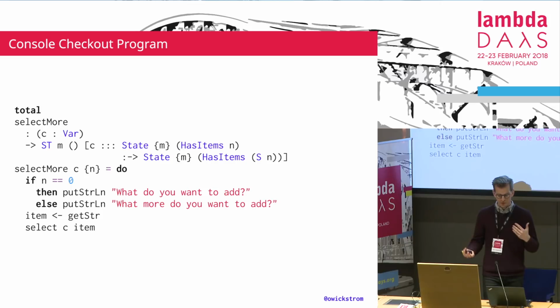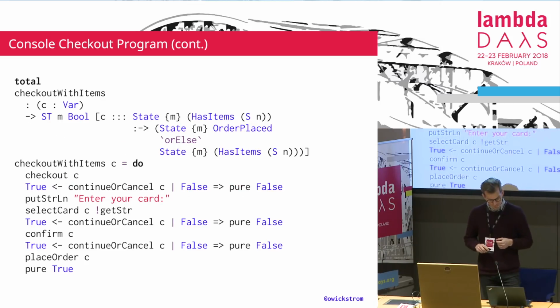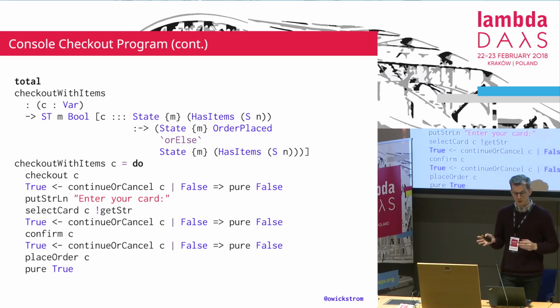Then we write the program using these operations. So select more will just select one more item and ask a question nicely. Check out with item transitions from has items to order placed all the way to the end. Or it stays in has items if the checkout is canceled.